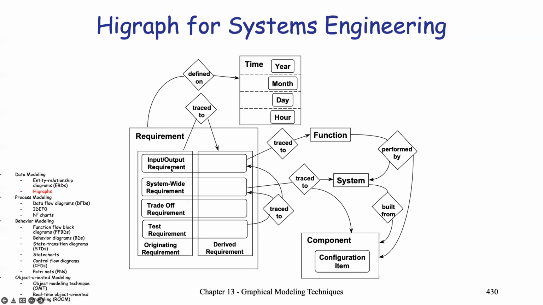And there's different types of requirements, and we're showing those: input, output, system-wide trade-off, test requirements, originating requirements, and also derived requirements. And so there's traceability.